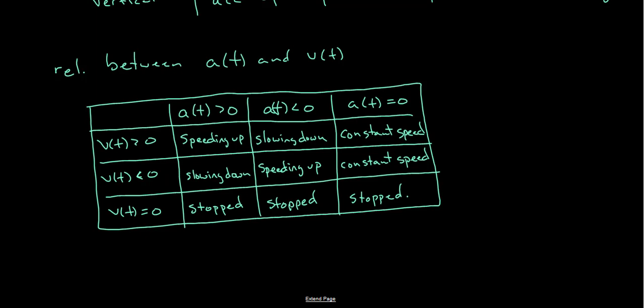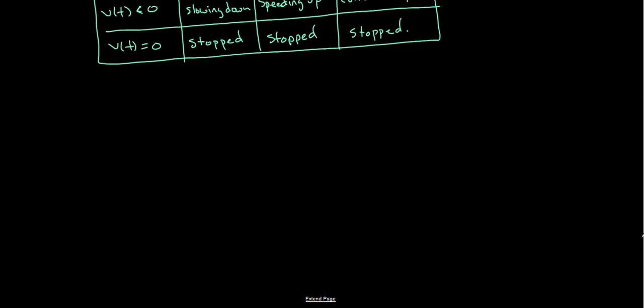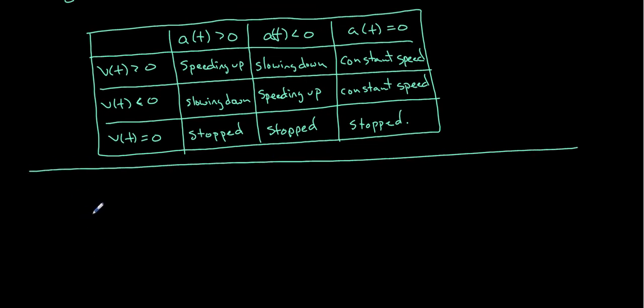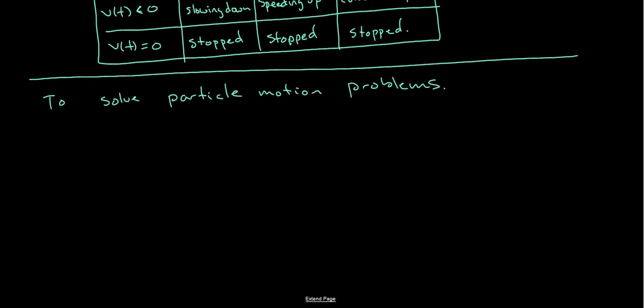All right, to solve some of these particle motion problems, which we'll be working with for a while, you're not going to do this every single time, but for right now, you'll do this a couple times.